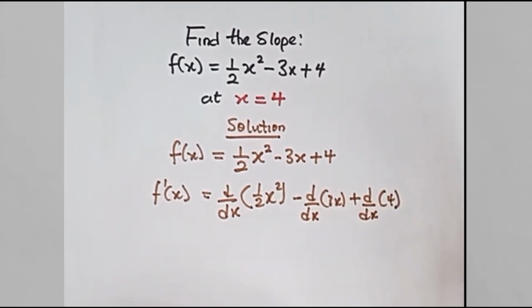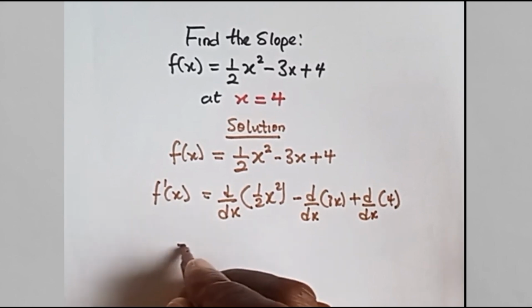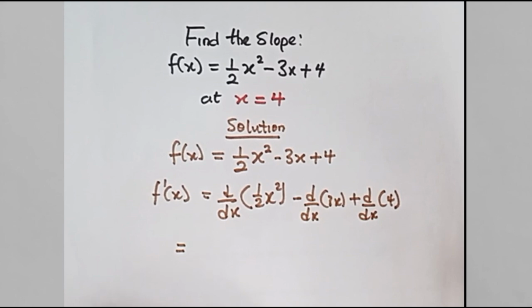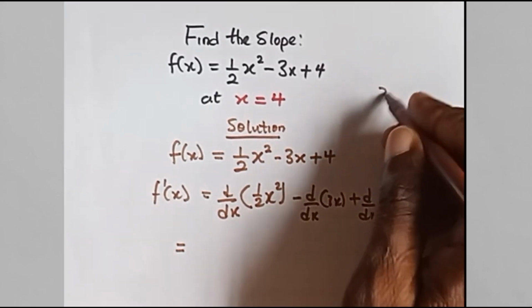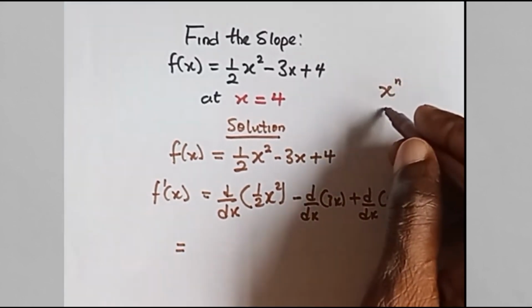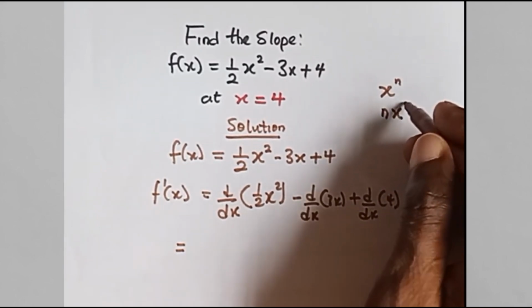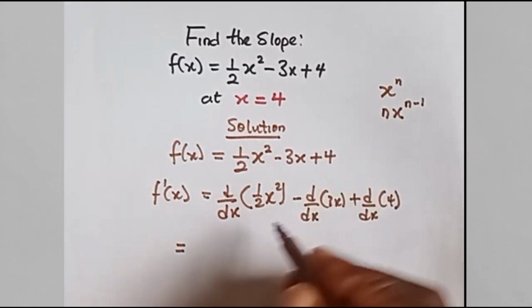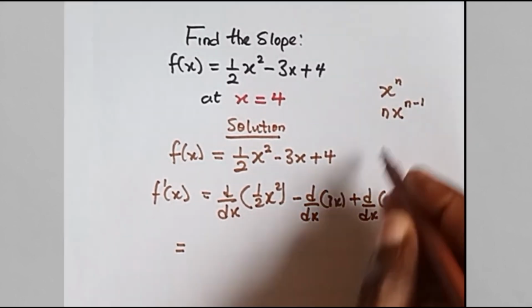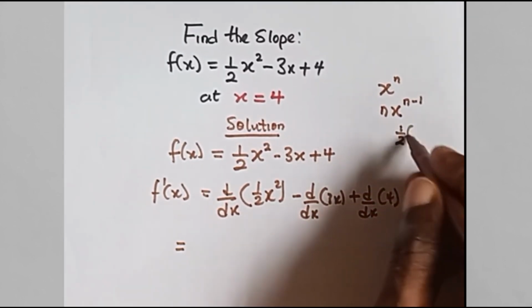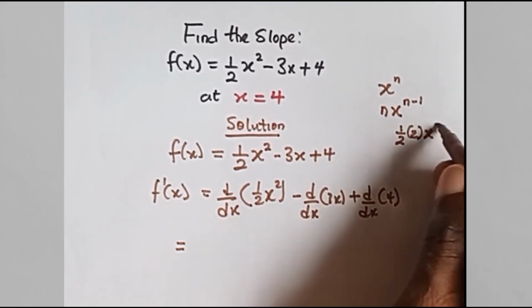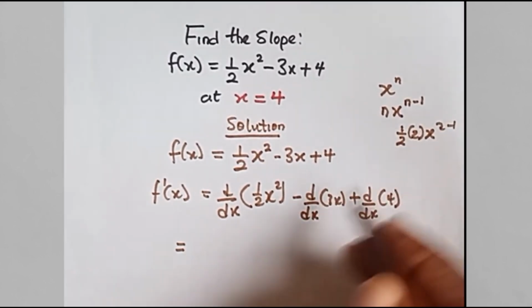I have made videos on how to differentiate, and you can go back to check that, or as well I can show us. If you have x raised to power n, it becomes nx raised to power n minus 1. So if you are differentiating this now, it becomes 1/2 multiplied by 2x raised to 2 minus 1.